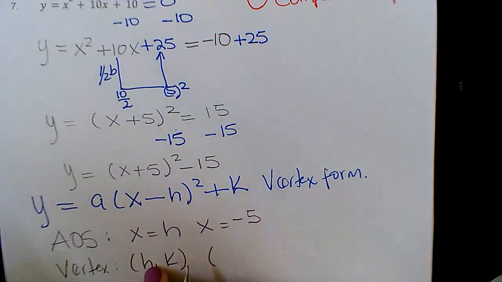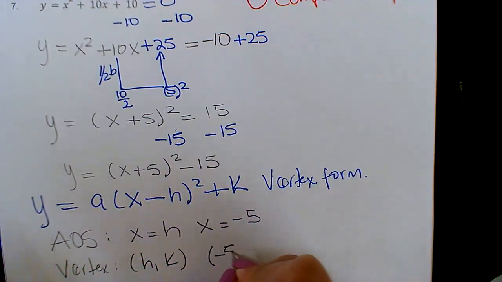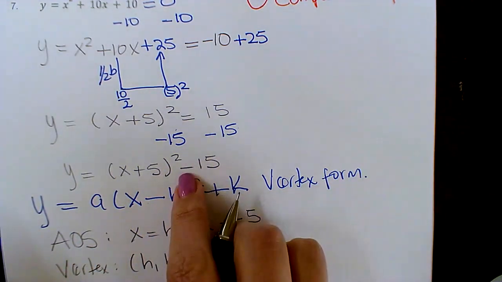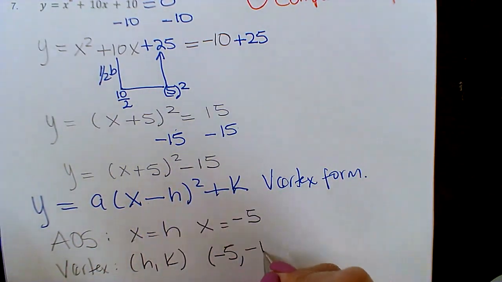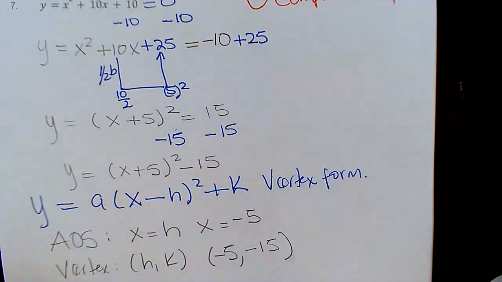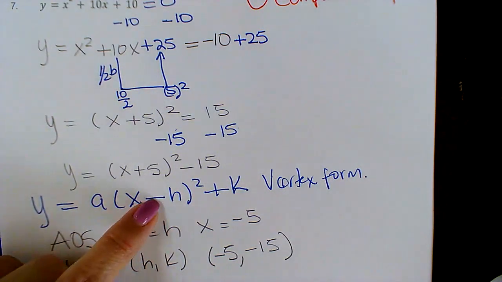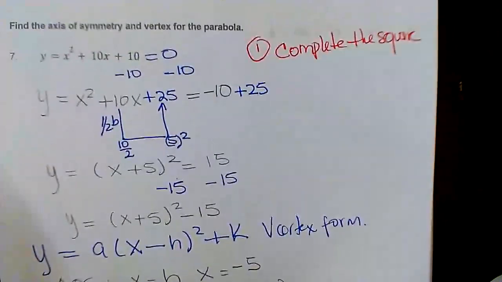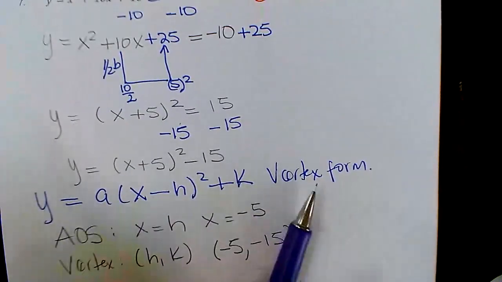The h is the opposite. The k, you just use the same sign that you have here, negative 15. This one is the only one that you use the opposite. So how do you find the axis of symmetry and the vertex of a parabola? You have to complete the square in order to get there.